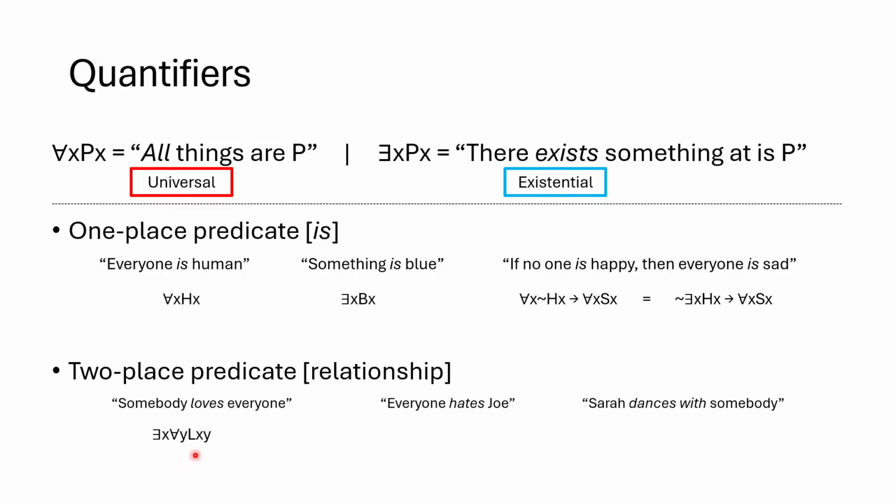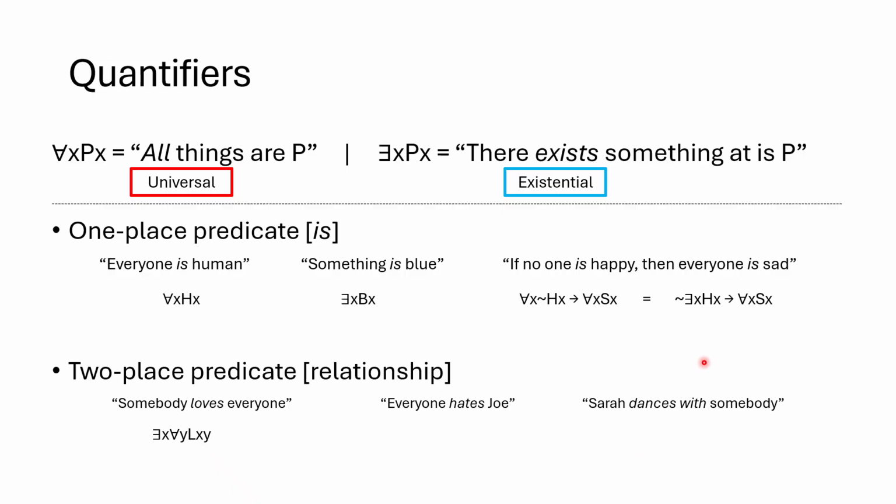So in this case, the X is associated with our existential quantifier, and the Y is associated with our universal quantifier, which is to say the X is the somebody, the Y is the everyone. So somebody X loves, capital L, and then everyone Y. So that's how we use these two-place predicates, and the quantifiers can change in one way or another.